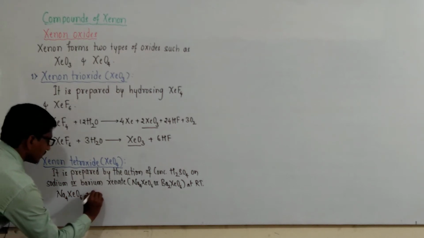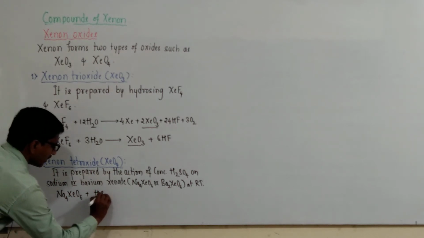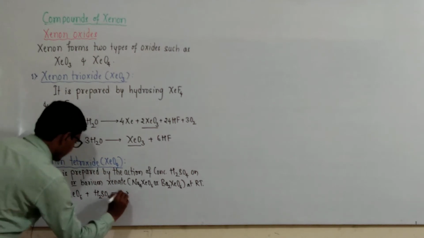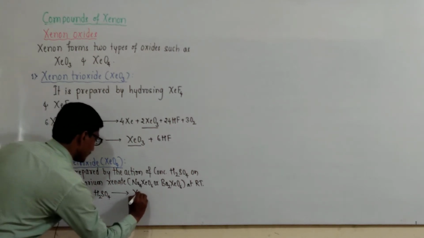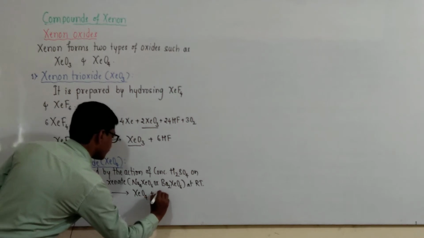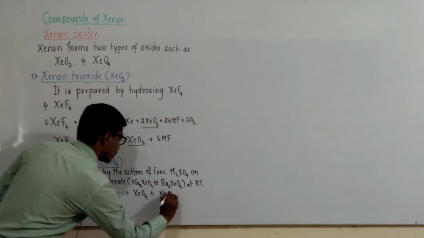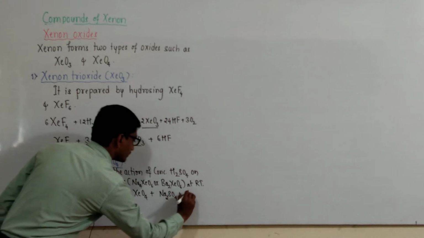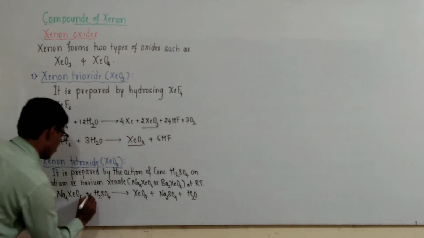The chemical reactions are Na4XeO6 on action with H2SO4 gives XeO4 plus Na2SO4 plus H2O.